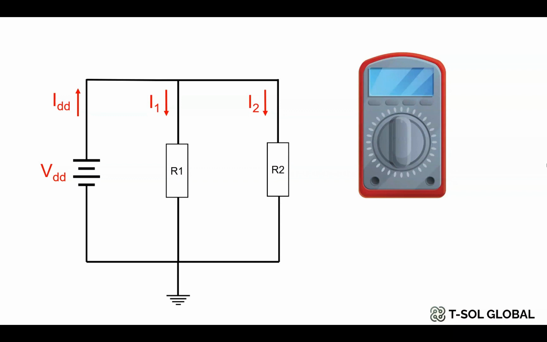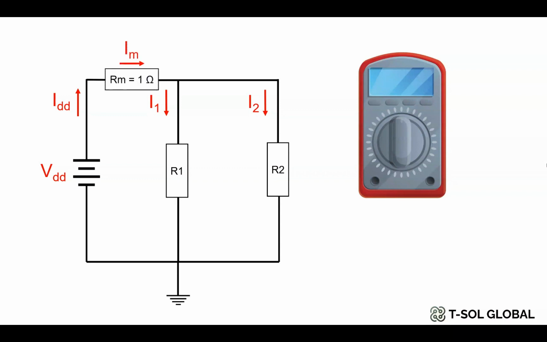One of them can be that the ammeter is broken, or the ammeter is not even present, or the current measurement part doesn't cover the range of current you want to measure. To solve that problem, we can use the voltmeter of the multimeter as an ammeter, or you can use the voltmeter to measure the current you want to measure.